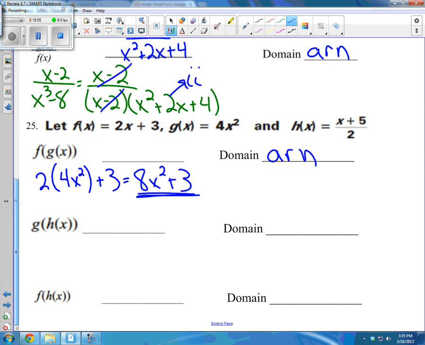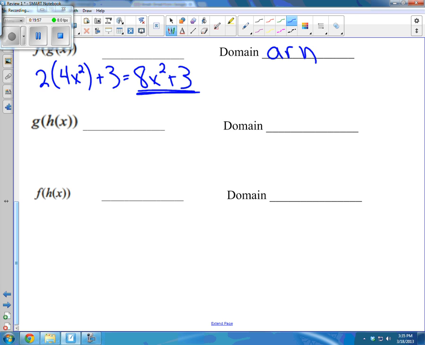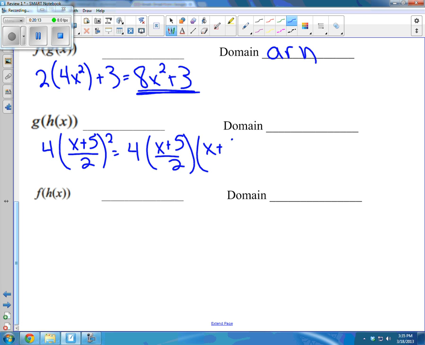On the next one, I'm going to take h and put it into g. So still there will be the 4, but I'm going to have the x plus 5 over 2 now squared, which means I can't distribute. It means x plus 5 over 2 times x plus 5 over 2, which I'm going to FOIL my numerators and multiply my denominators.